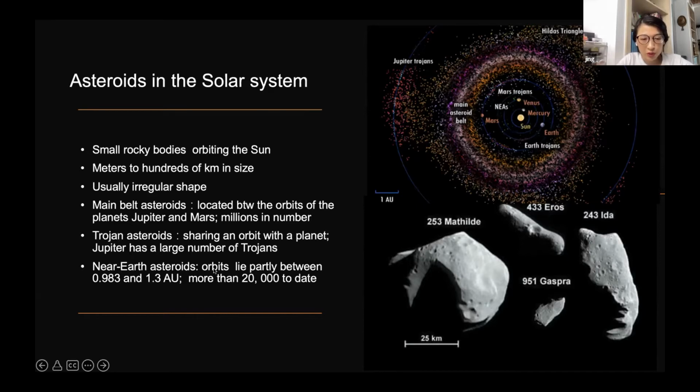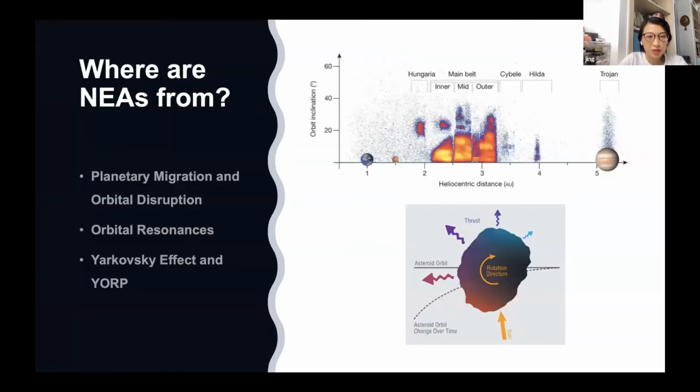Near Earth asteroids are very interesting to us because they are close to us, so they are easy to explore. We also have the potential to use their resources, and they threaten the safety of the Earth, so they are always of interest.